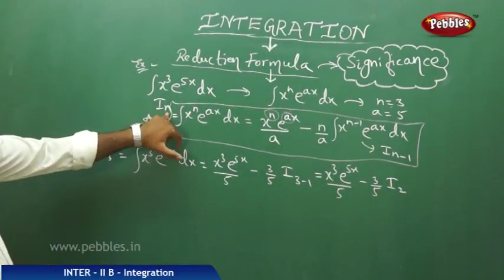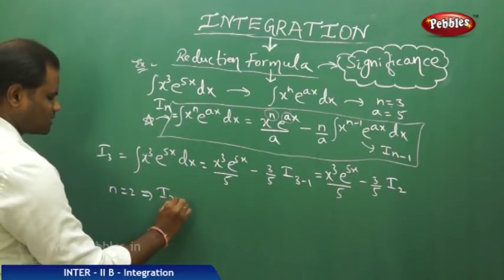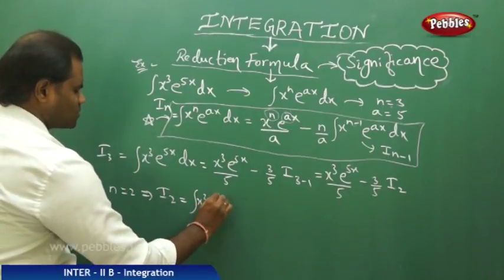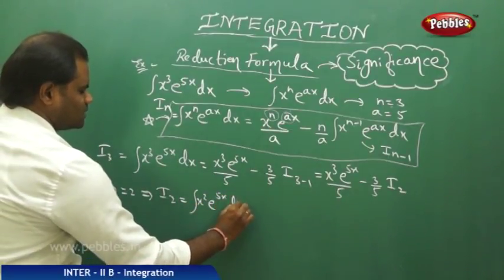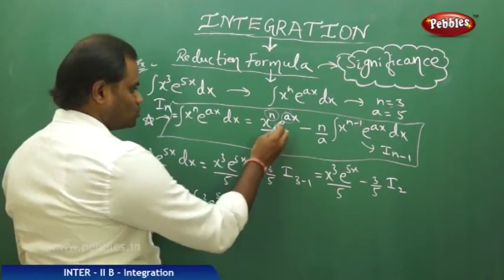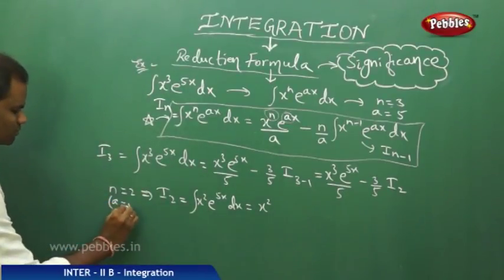And suppose I would like to find I2, which will be the integral of x squared e power 5x dx, which I am going to find using n equal to 2, and here of course a is equal to 5.